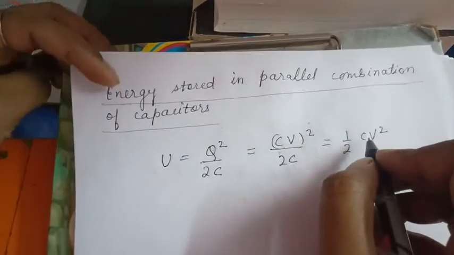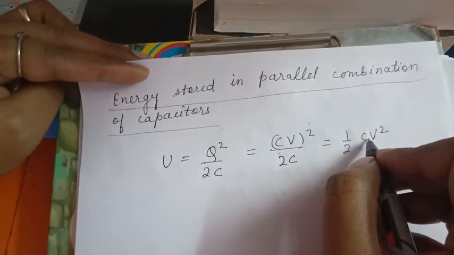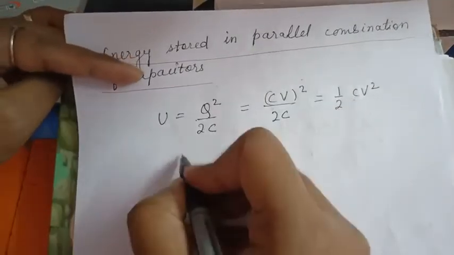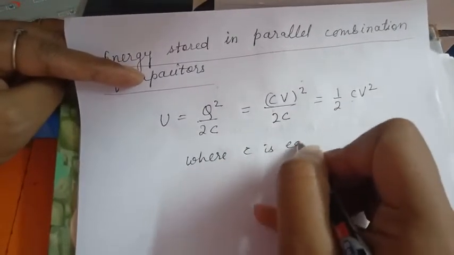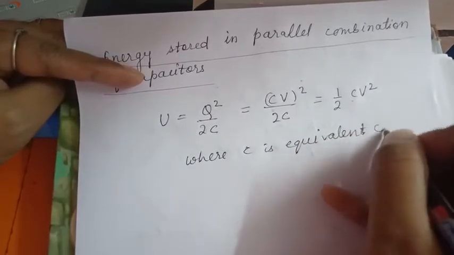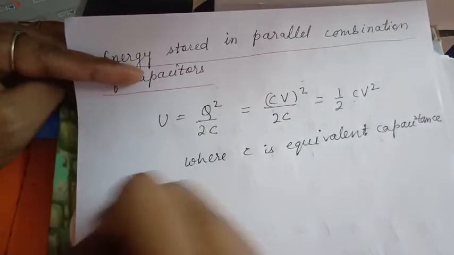In parallel combination, capacitances are added simply like any numbers. So here, where C is the equivalent capacitance of the parallel combination, we will write, instead of C, in terms of C1, C2 and so on up to Cn.